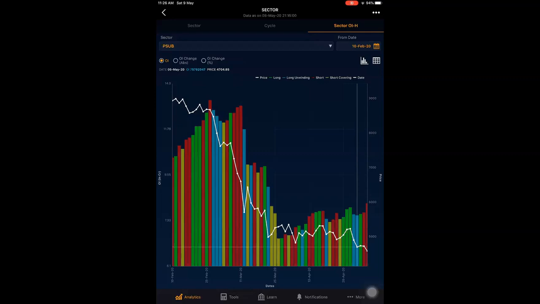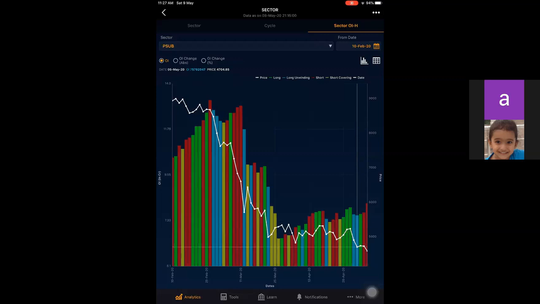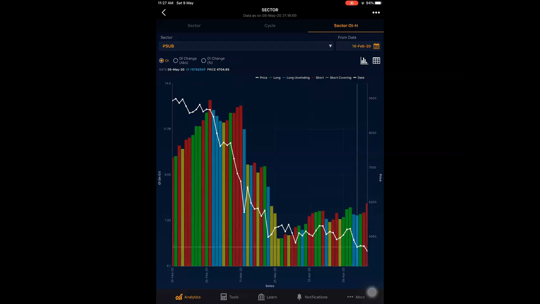Let me clarify it. It is not the index given by the exchange. It is the index which we have created out of the composition of the stocks of that sector which are there in the derivative market, to give us the perspective to know how the sector is panning out individually.